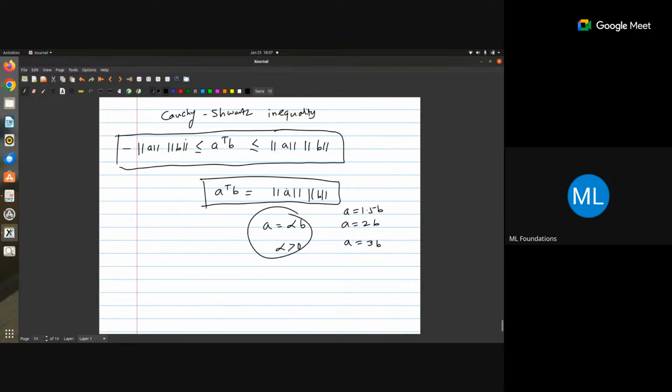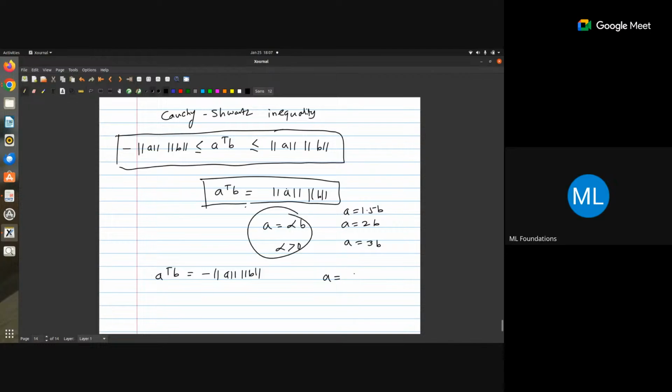It is actually a directional thing, but it is going to be equal to this, or equal to this also, the multiplication of the lengths, when A can be written as some scaled version of another vector.